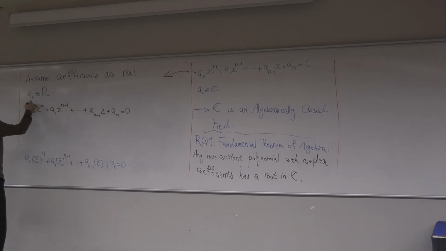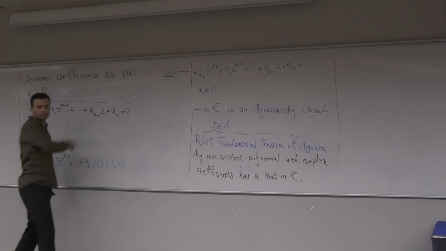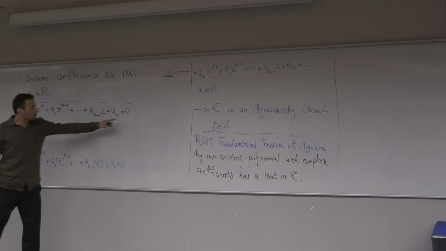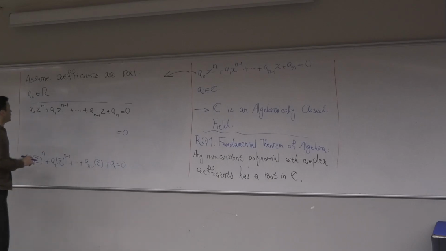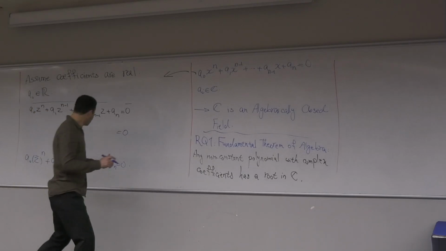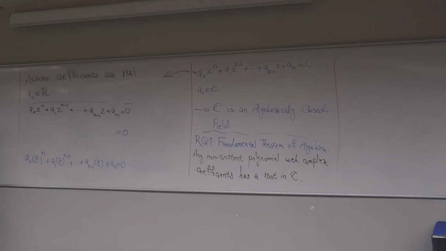If I take the conjugate of this one and this one, what will happen? What is the conjugate of number 0? 0. If we add two complex numbers to each other and take their conjugates, what will happen? It is exactly like taking the conjugate of each of them and adding them to each other, right? Because we had this formula: the conjugate of z plus z prime equals the conjugate of z plus the conjugate of z prime.